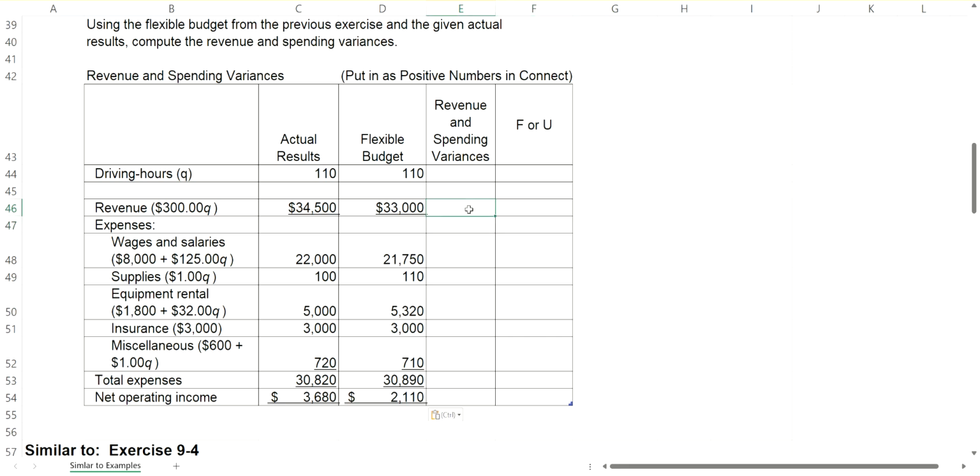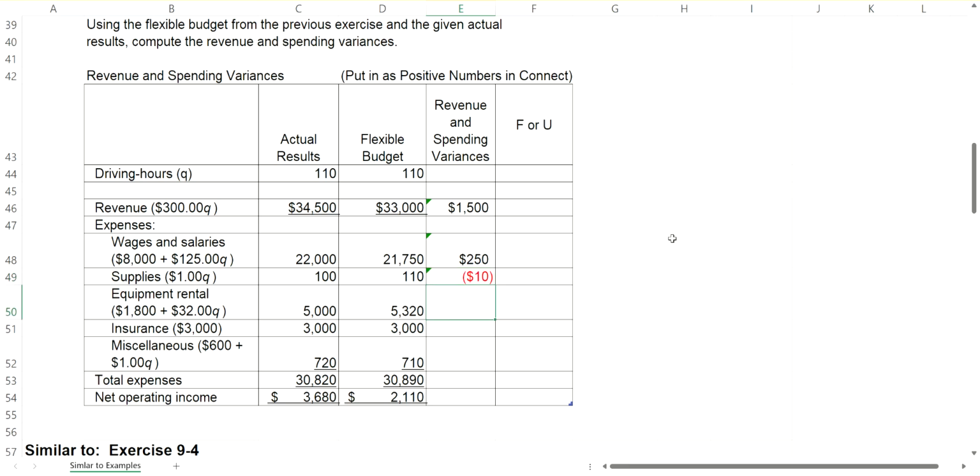Now, same thing, I'm going to go left to right. Okay, so 34,500 minus 33,000 is 1,500 positive. 22,000 minus 21,750 gives me a positive 250. Now 100 minus 110 actually gives me a negative $10.